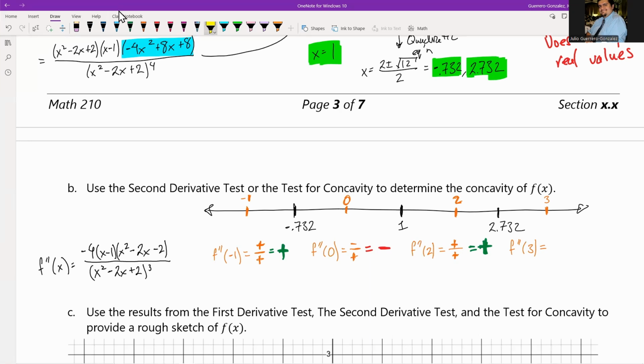That's going to be positive, right? Positive times the negative 4 out front, so that's going to be negative divided by 9 minus 6 plus 2. That's still going to be positive, so positive here, negative. Okay.